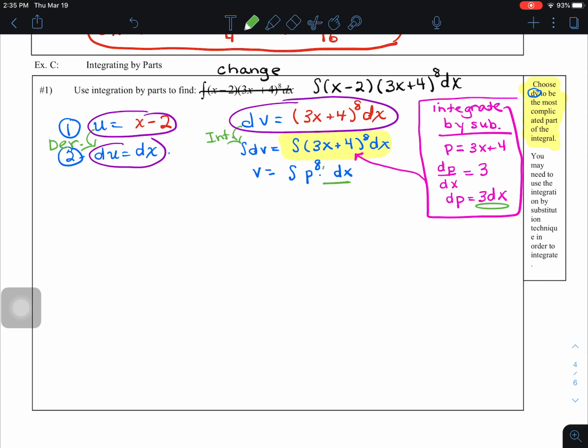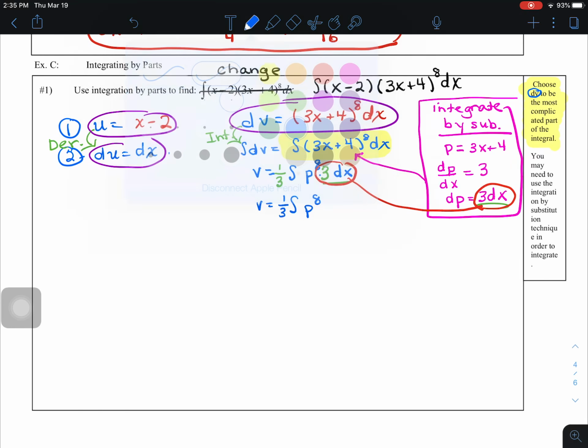So I need to insert a 3, and we counteract that by putting the reciprocal of 3 in front, 1/3, so that technically we're really just inserting a 1. Then I'm going to exchange all of this 3dx, that matches this, for a dp. This is just integrating by substitution here.